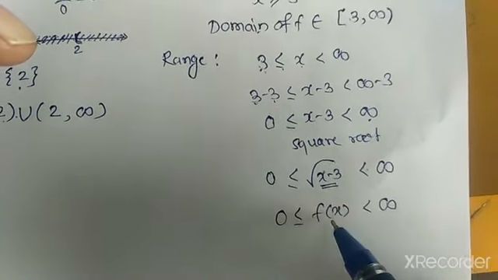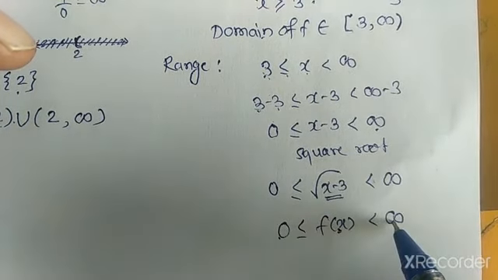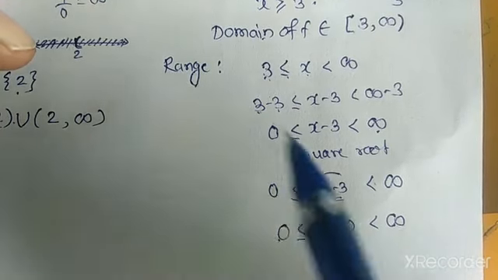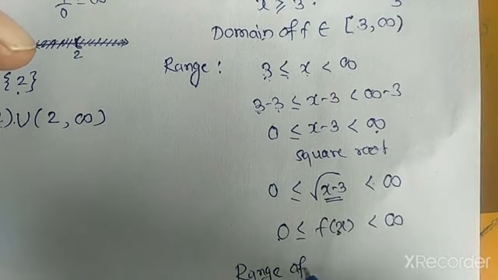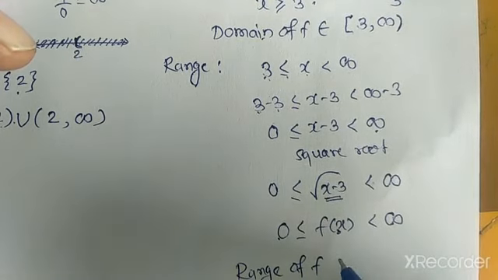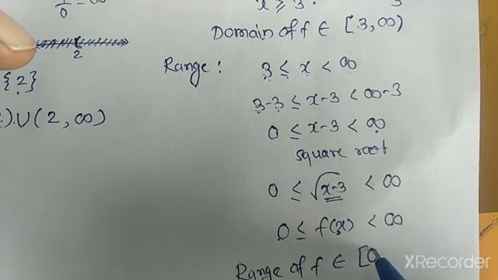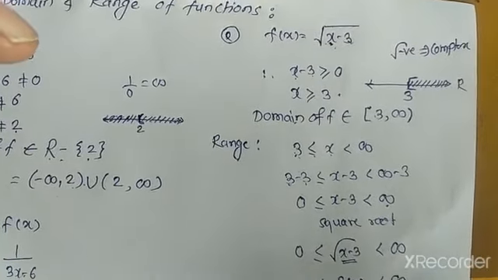That is the value of the function. The value of the function will lie between 0 and infinity. That is what we have to find, the range. So the range of f belongs to, since it is less than or equal to, closed 0 and open infinity, which is the range of the given function.